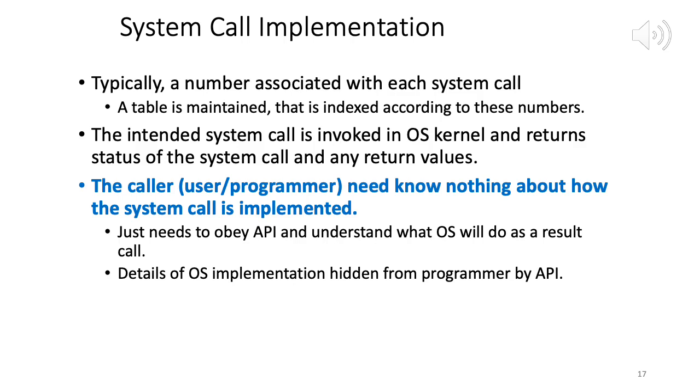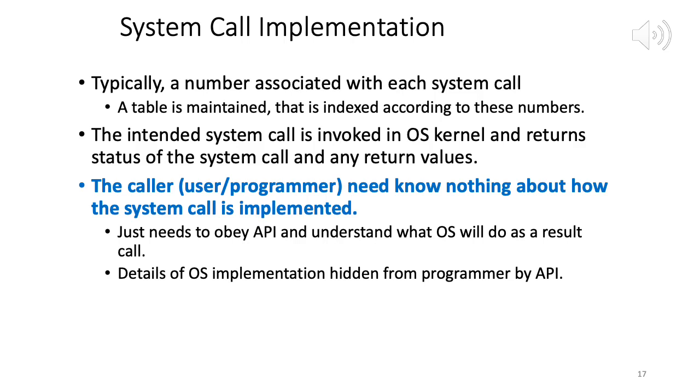The intended system call is invoked in the OS kernel and returns the status of the system call and any return values. Note that each and every one of these system calls will need to execute in kernel mode because they want some OS service, right? And all OS services execute in kernel mode.